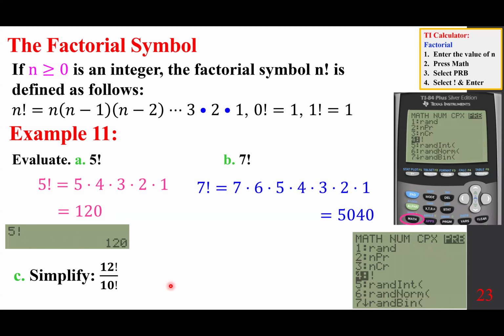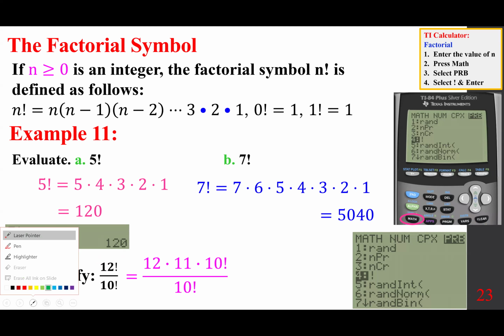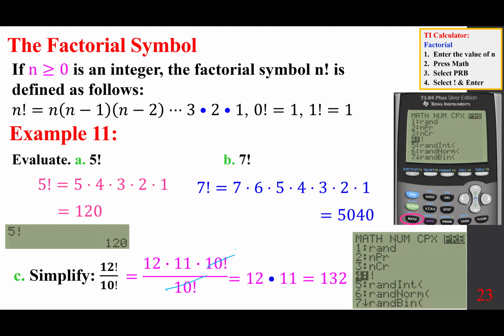This is 10 times 9 times 8 all the way to 1. So you keep the smaller one unchanged, and the top one you say 12 times 11 times 10, and stop at 10 factorial, because this now can cancel this. 12 times 11 equals 132 is the final answer. And we are done, everybody.